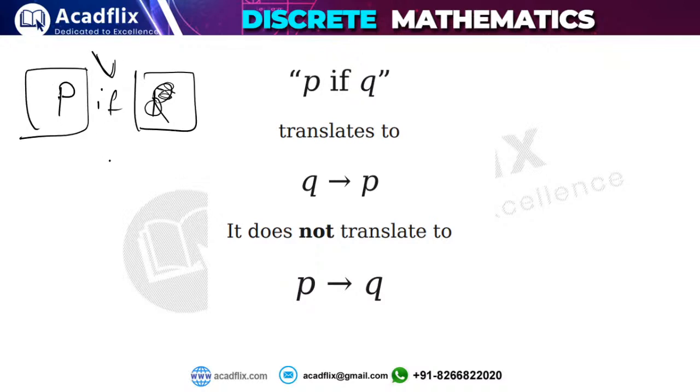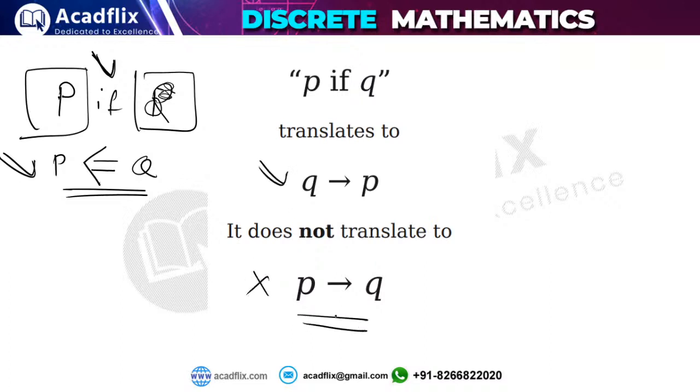Whenever you have this kind of setting, remember that this if goes backward. This is the trick. So your correct translation will be Q implies P. The other is not correct, because it is saying P implies Q, while this is saying Q implies P.